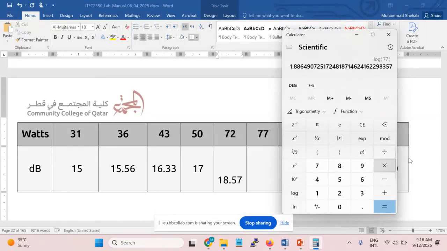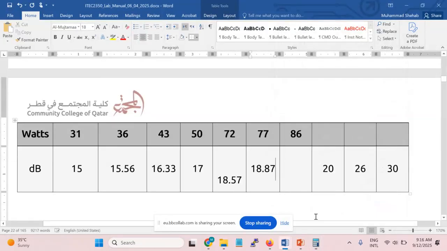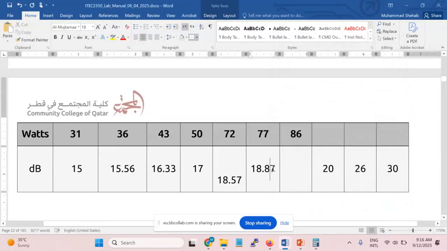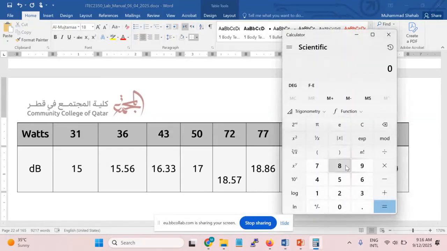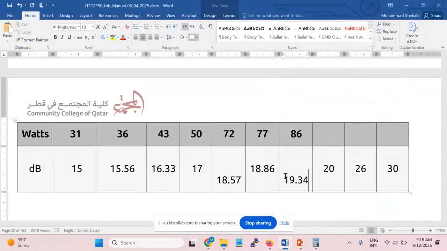I will take the log of 77 and multiply by 10, which is 18.87, 18.86. 86, how much is it in dB? I will take the log of 86 times 10, equals 19.34.